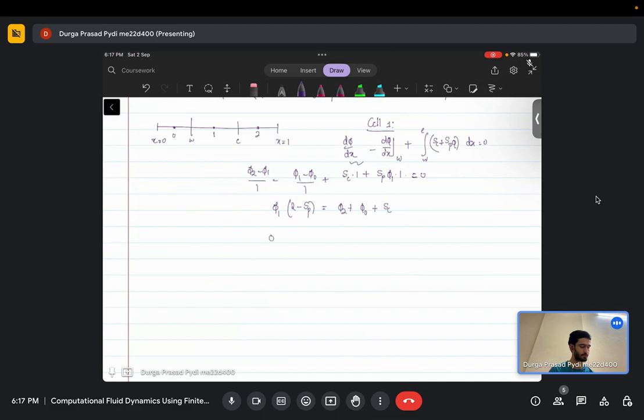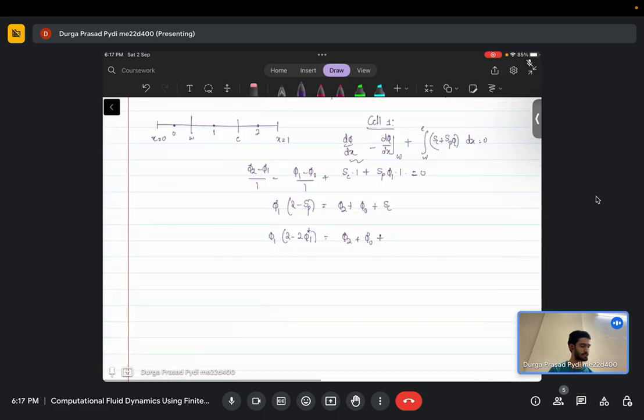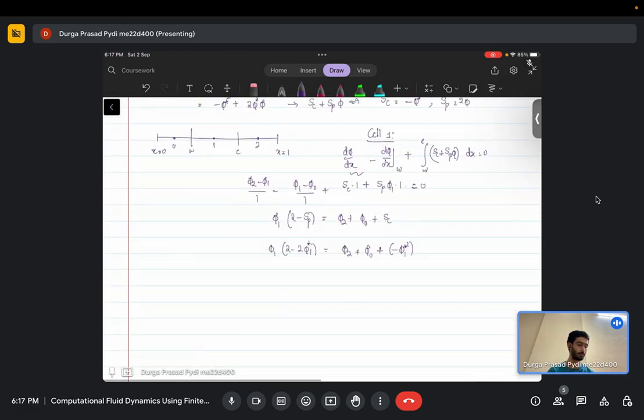If I substitute that back, 2 minus SP is 2 times phi star 1, phi 2 plus phi 0, plus SC is minus phi star square. Maybe we'll stop here once.